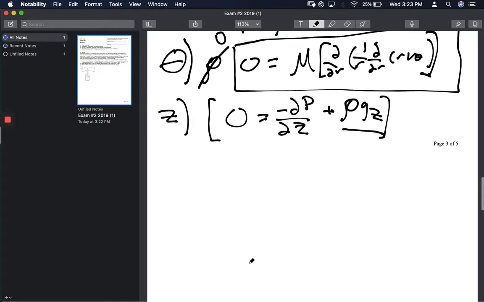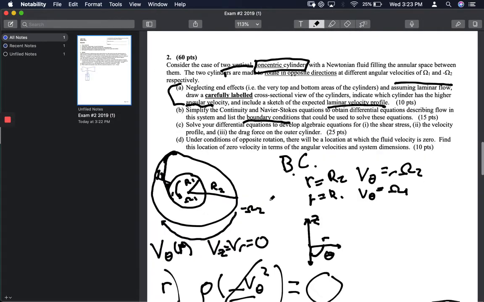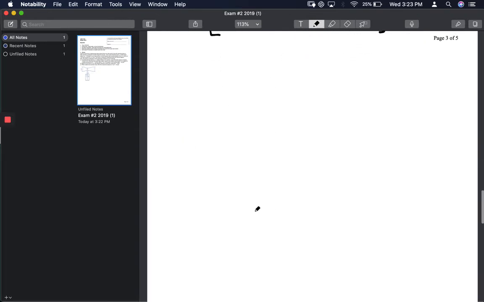All right. So the next thing that we want to simplify is the continuity equation. So if we look at that, I'll just write it out here.